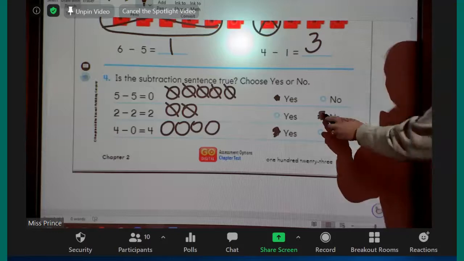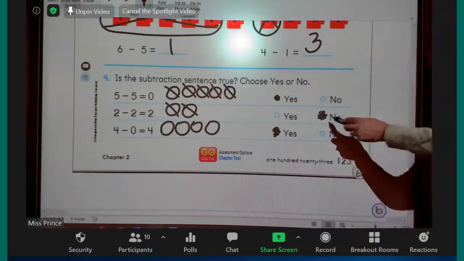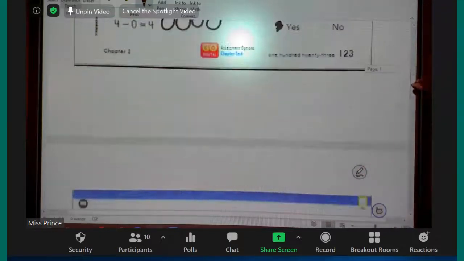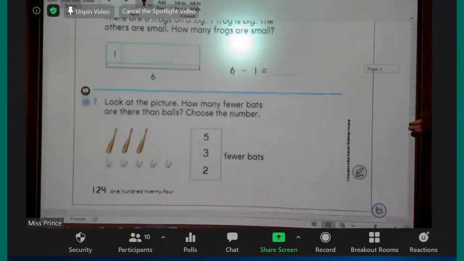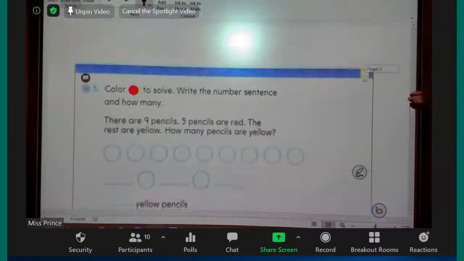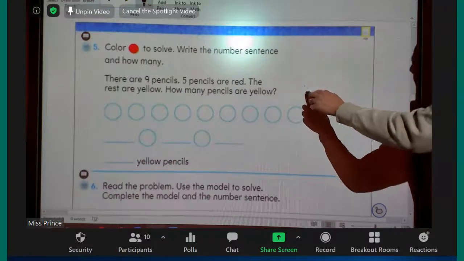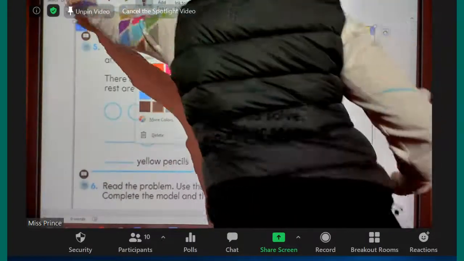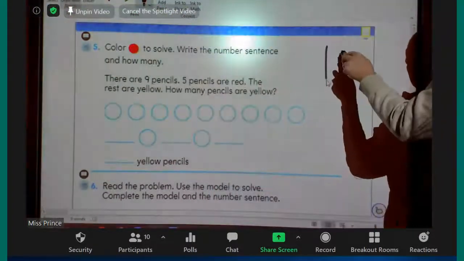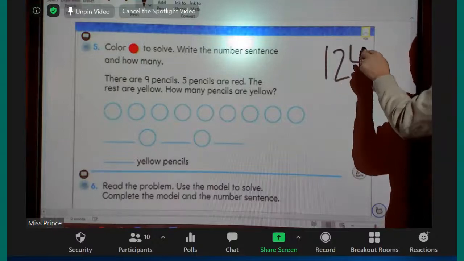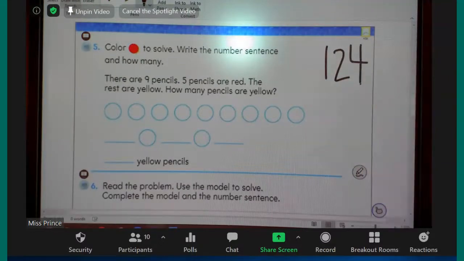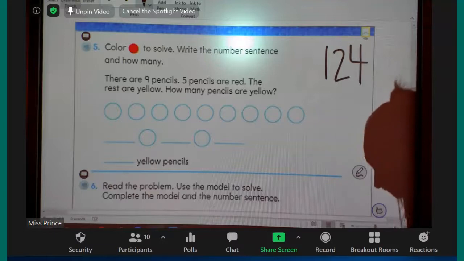All right, we're going to go to the next page, and this is page 124. So I'm going to write it right here. Look for 124. Okay?